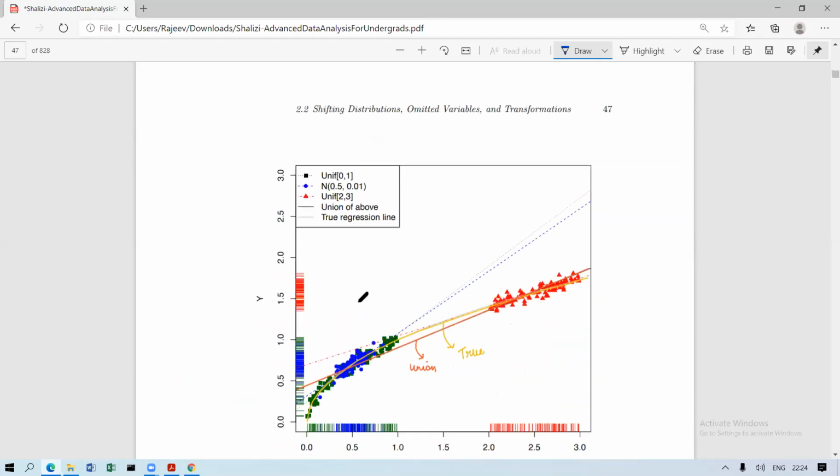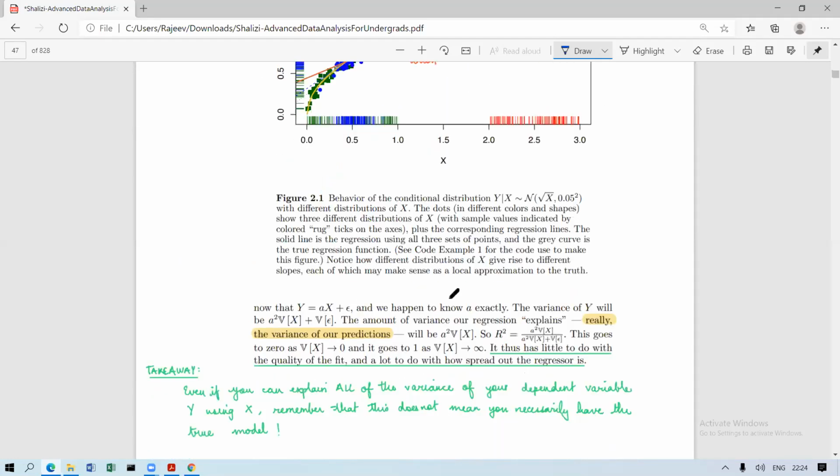So if y equals ax plus epsilon, and we happen to know a exactly, like it's the optimal predictor, the variance of y will be a square times variance of x plus variance of epsilon. Here we are assuming epsilon is uncorrelated with x.